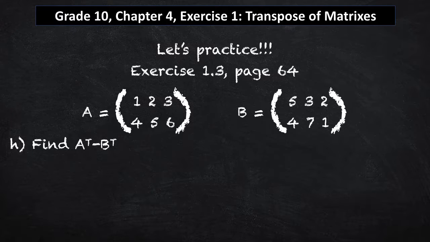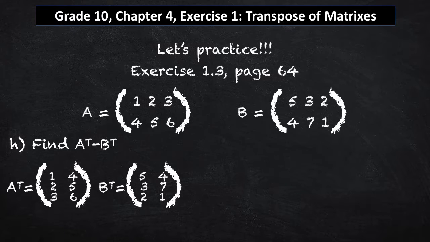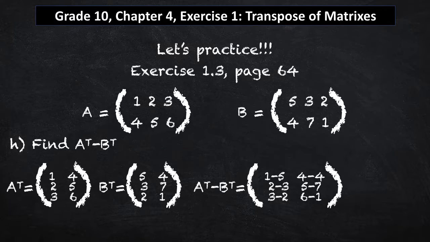Next question, we have to find A transposed minus B transposed. So again, we write the transpose of the matrix A and B. We have already computed them. And we have to compute the difference. So what we will find in every element is the difference between elements that are in the same location. So it will be something like this. For example, in the first element, the element 1, 1, we find 1 minus 5.